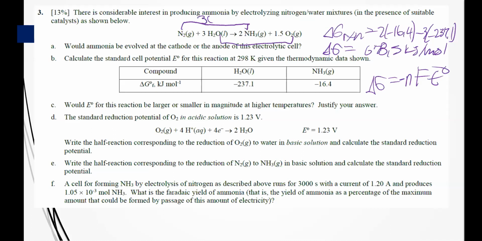But how many of those nitrogens do we need to convert to make NH3 as it's written? Oh, so it's going to be 6, because we have to do 2 of them each, right? It all depends on how you found your delta G for your reaction. If you use the coefficients that were in front, the 2, the 1.5, the 3, then you have to use the 6.